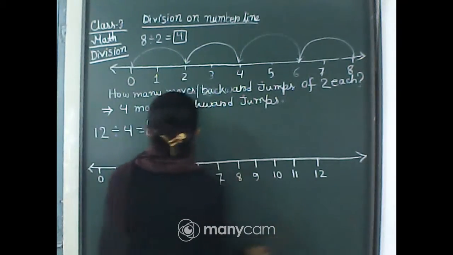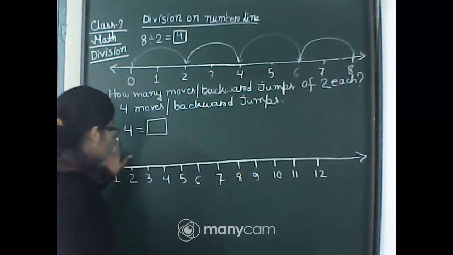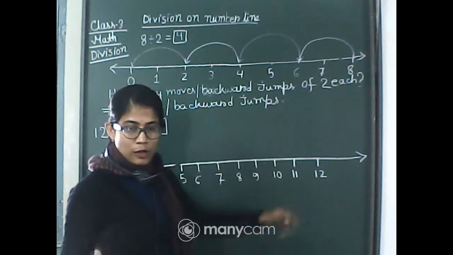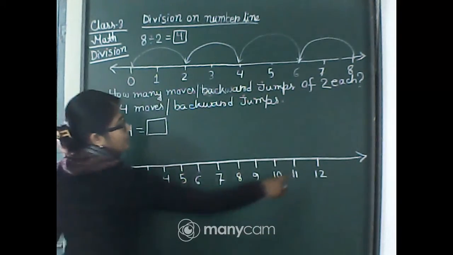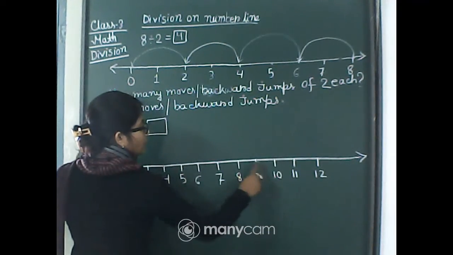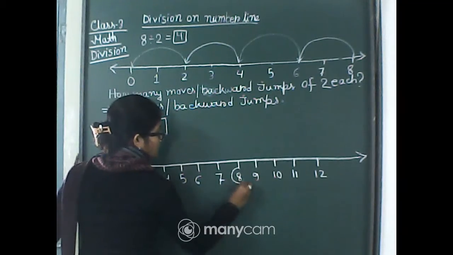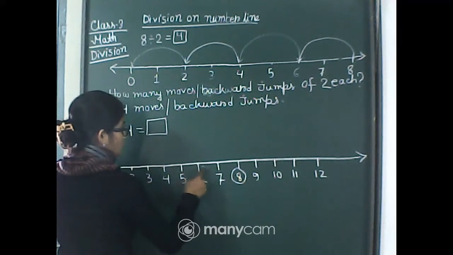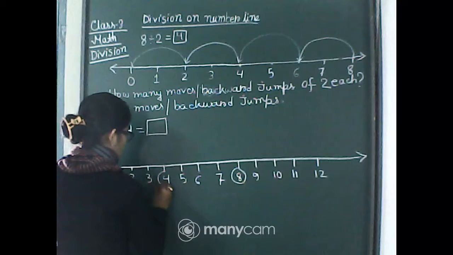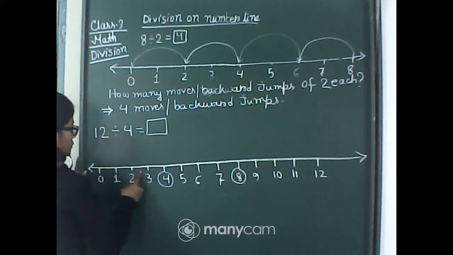From 12 we have to come back 4 rooms, isn't it? You can do it like this also. From here 1, 2, 3, 4, that means this row. 1, 2, 3, 4 means this row.